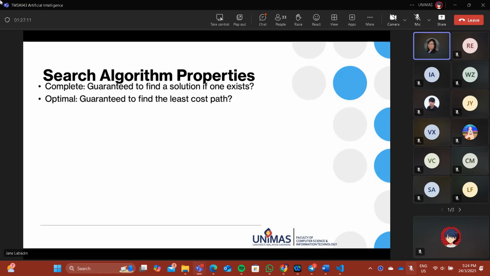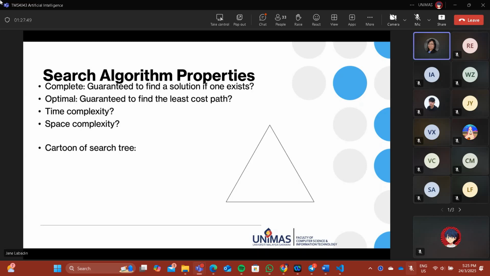That's the question of optimality. These are the search algorithm properties. So you will need to consider whether it's complete, meaning can you find a solution? Optimal: can the strategy guarantee a least cost path? And we are talking about time complexity as well, space complexity. These are all the properties that you may need to consider in choosing your strategy.